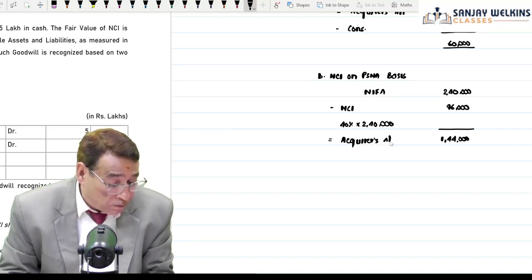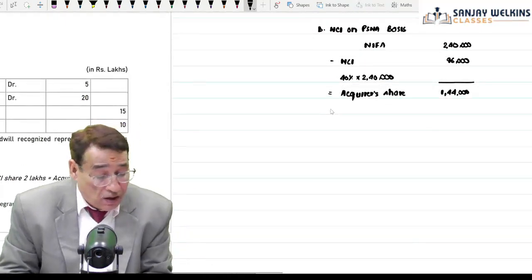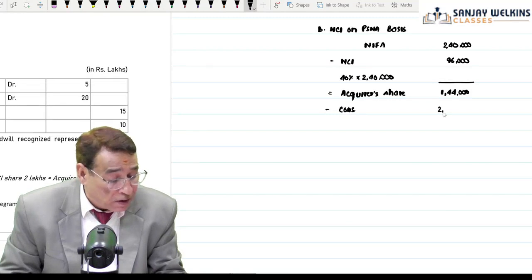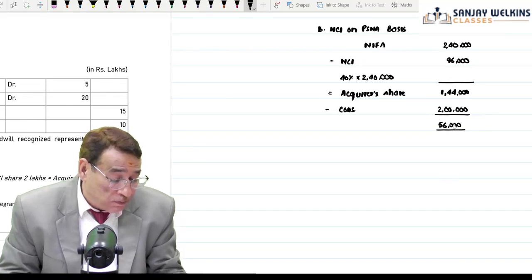Now you subtract it from the consideration. Consideration is 2 lakh. So in this case, you can see the amount of consideration is still higher. So 56,000 is your goodwill.